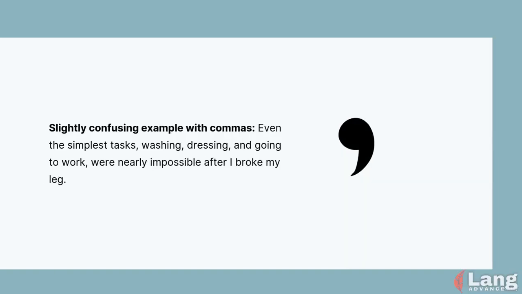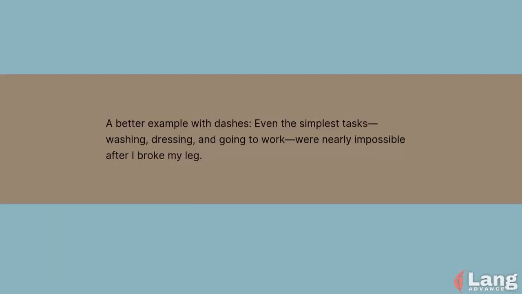Slightly confusing example with commas: Even the simplest tasks, washing, dressing, and going to work, were nearly impossible after I broke my leg. A better example with dashes: Even the simplest tasks, washing, dressing, and going to work, were nearly impossible after I broke my leg.